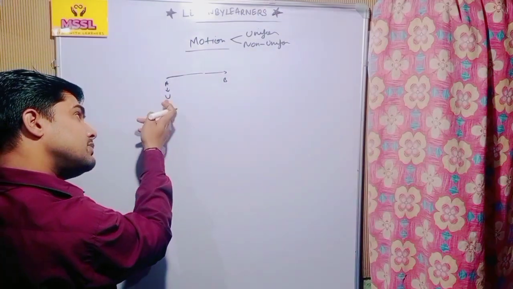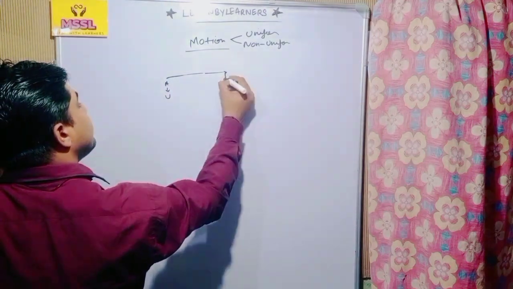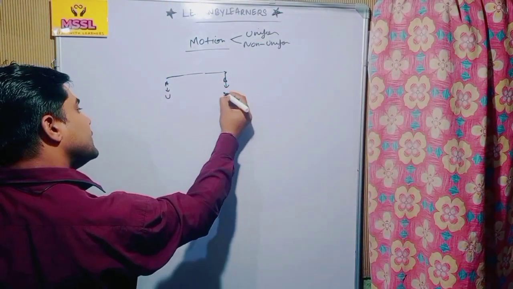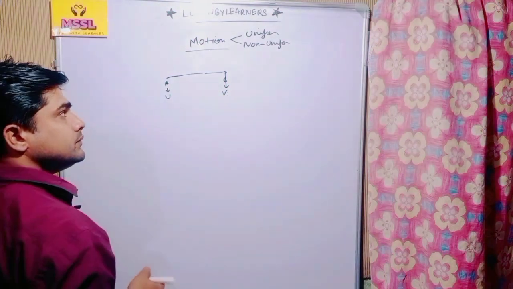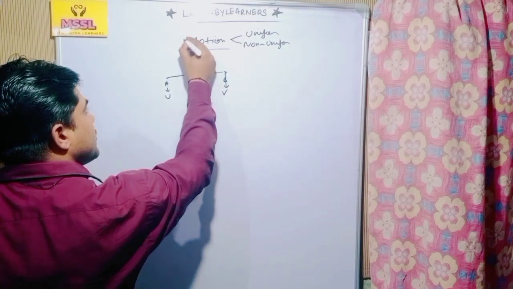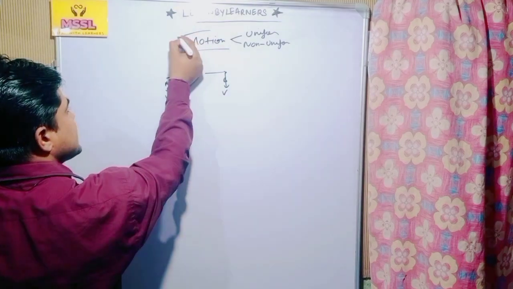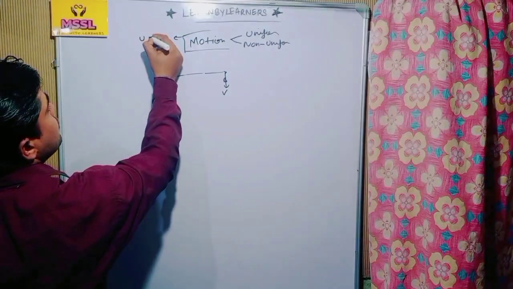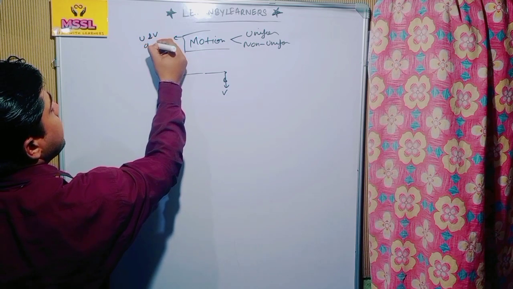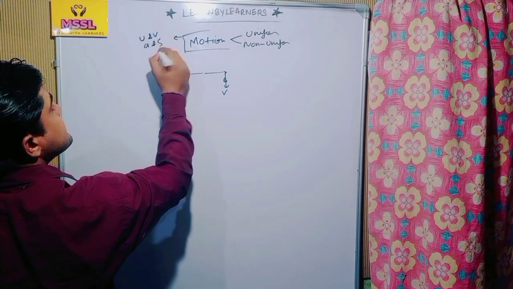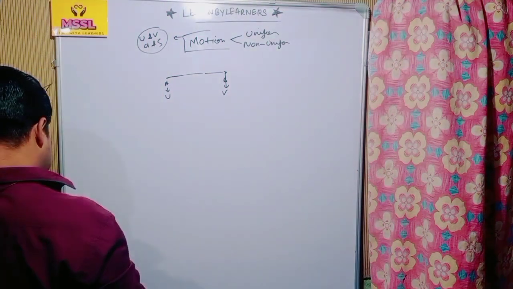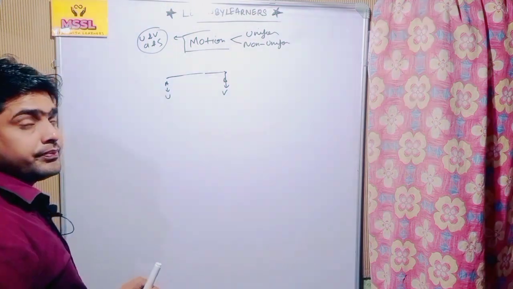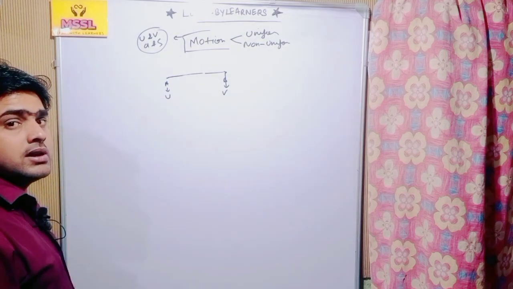Now the final velocity, we represent by V. To prove this, you must know what U, V, A, S are.